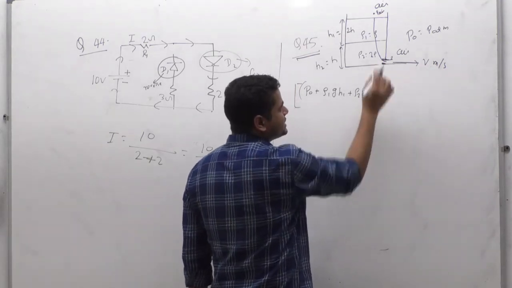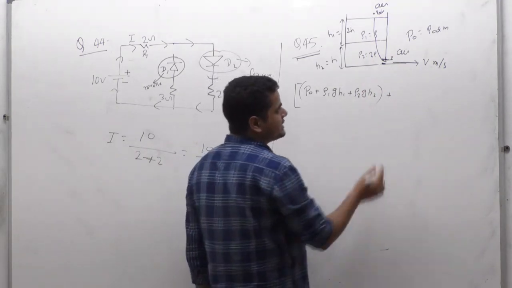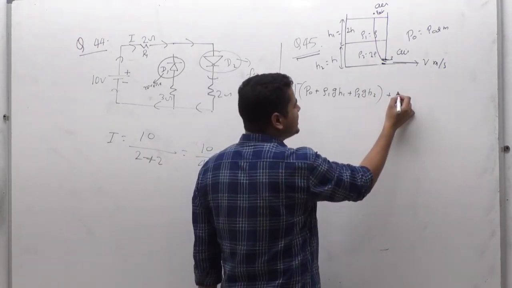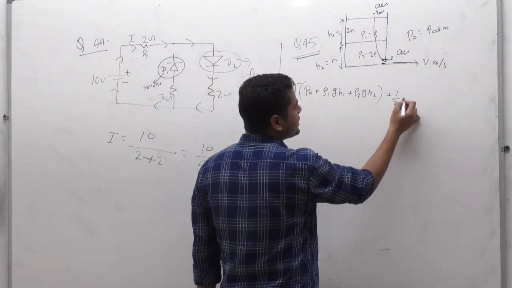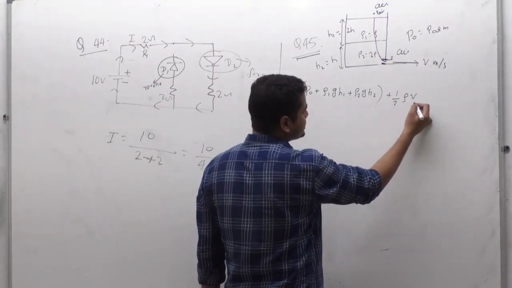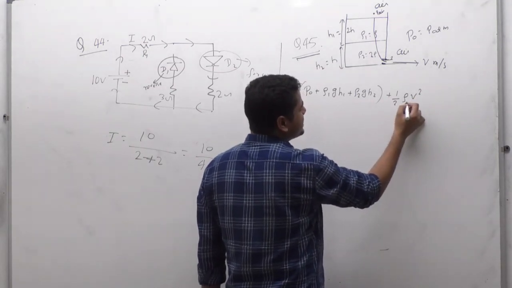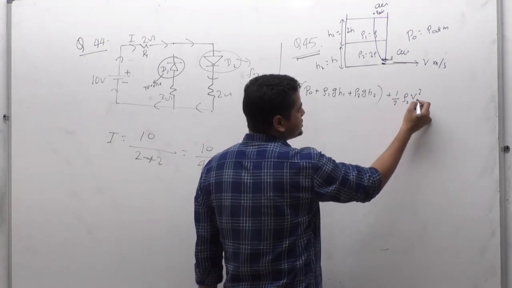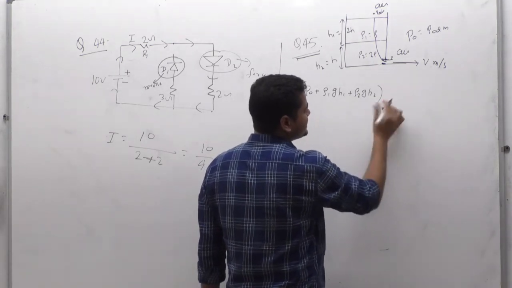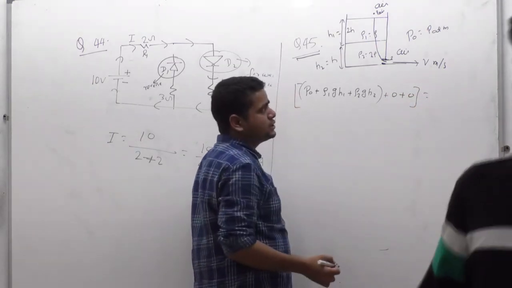The speed just inside the liquid is approximately 0, so the kinetic energy is very small. The kinetic energy term is half rho V square, with rho being rho 2, and since the velocity is very small, this term can be taken as 0.